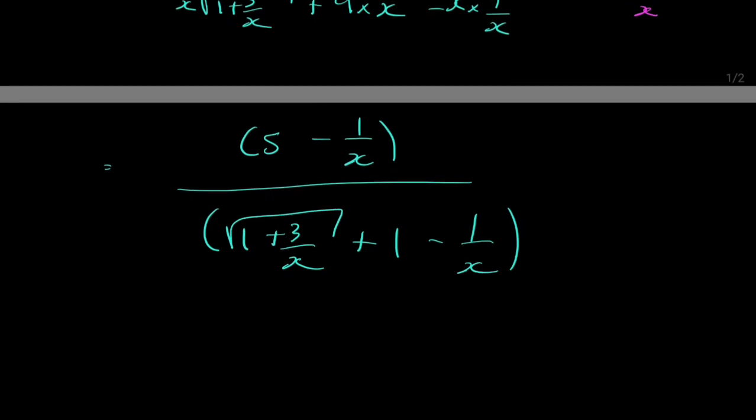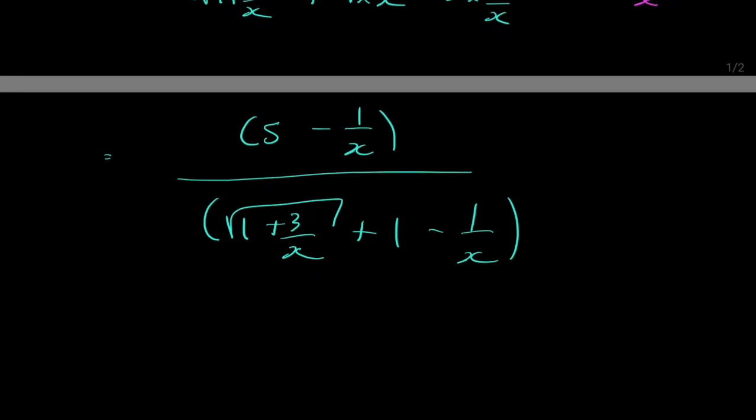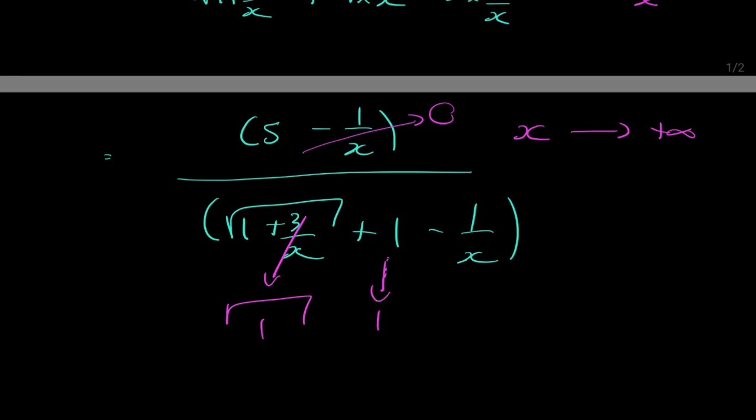It's very easy to determine its limit in plus infinity, because when x tends to plus infinity, this thing will tend to 0. This thing here will tend to 0, so here we will have the square root of 1. This thing obviously tends to 1, and this thing will tend to 0.